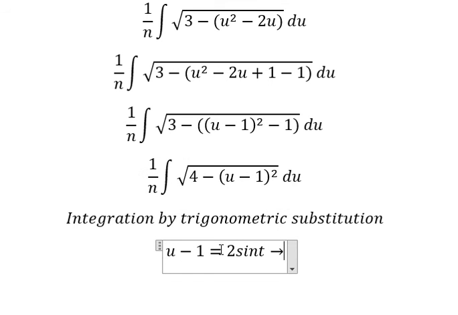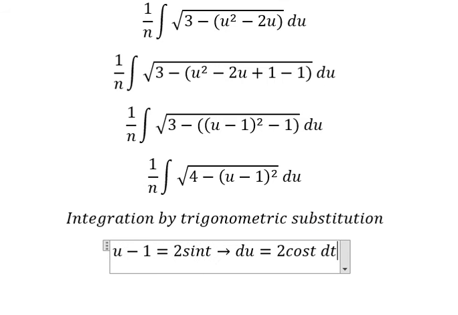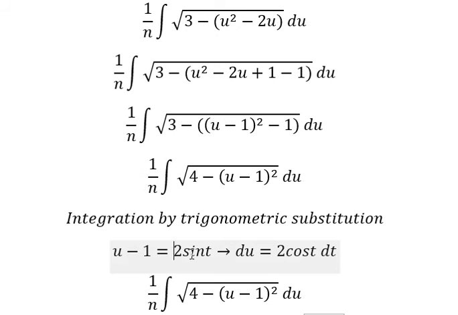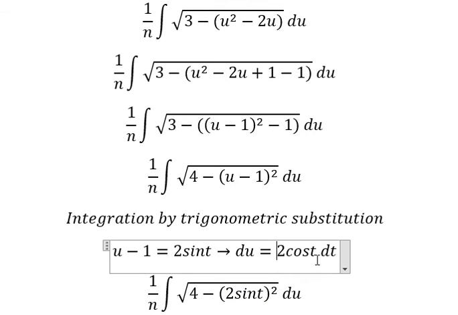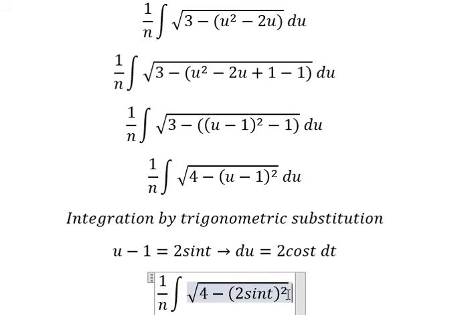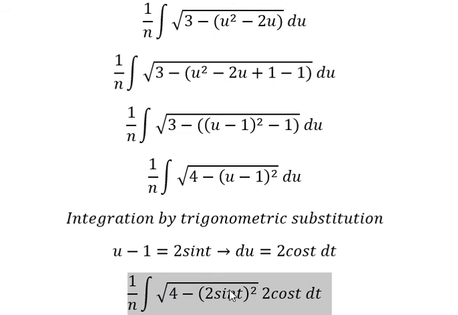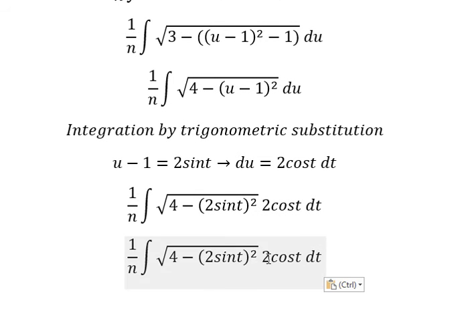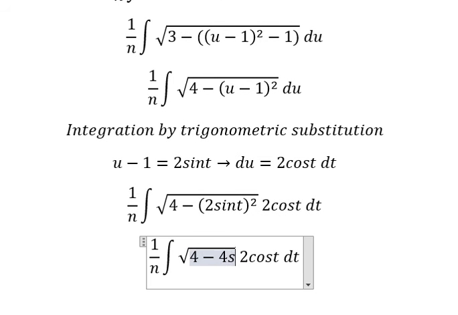Now we first take the derivative of both sides. So we put this one in here. Du we change for 2 cosine t dt. So we got 4 sine t square.